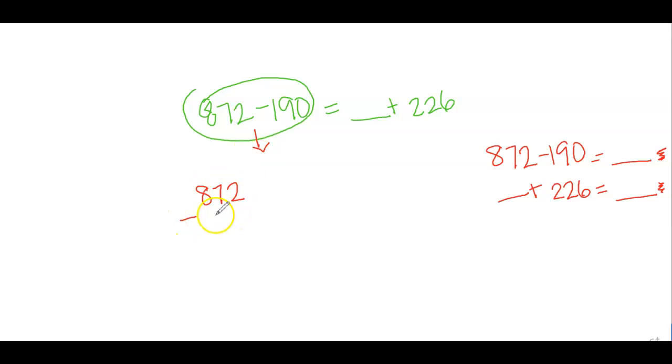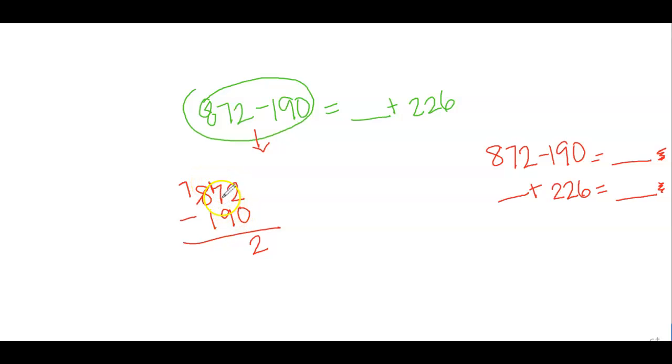872 minus 190. If we have 2, we take away nothing, we still have 2. We have 7, we take away 9, we cannot do that because 9 is bigger than 7. So we have to go next door and say, yo, help me out. So the 8 says, all right, all right, all right. So he turns himself into a 7 and he makes him a 17.